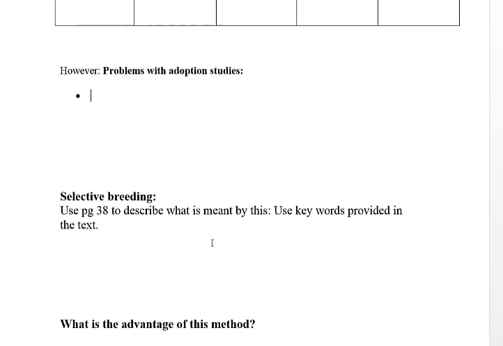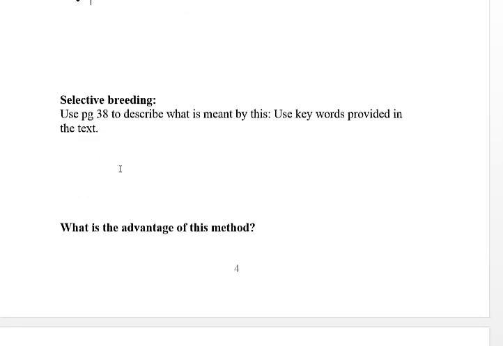And then we go on to selective breeding. Right, selective breeding, key words for this. There's an actual answer you can learn, and that is this: that it is the artificial selection of males and females for a particular trait or characteristic.